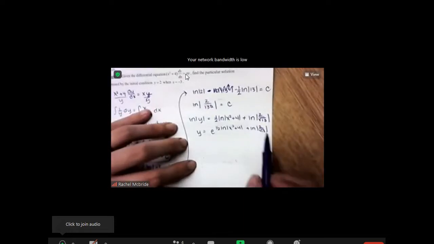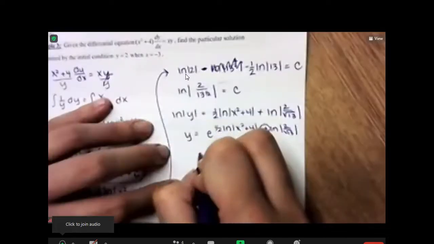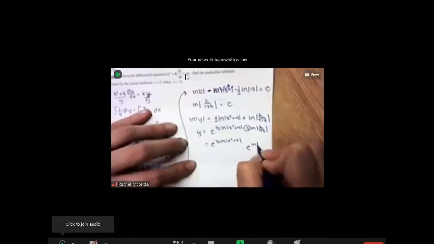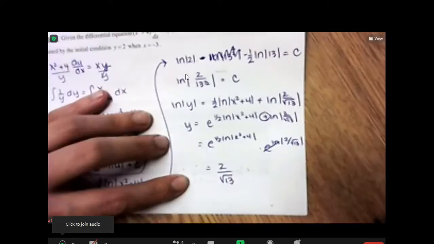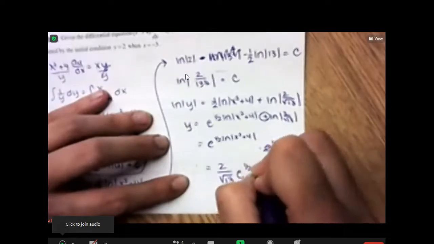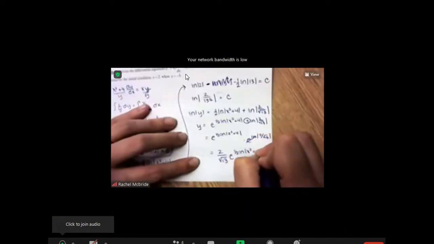And again, take into account that if you're adding them, that's like multiplying with the e's. And then the natural logs are going to cancel. And that's going to come down as your C value. So you have 2 over the square root of 13 times e to the 1/2 natural log of x squared plus 4.